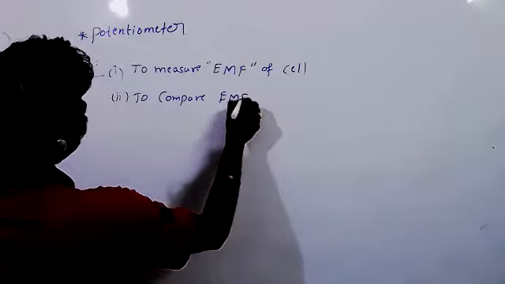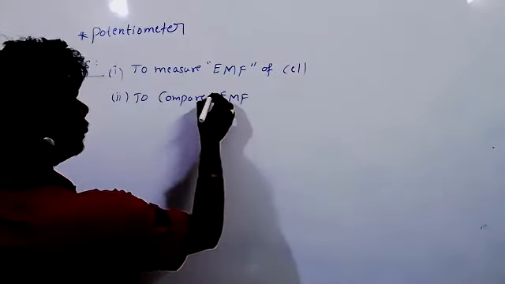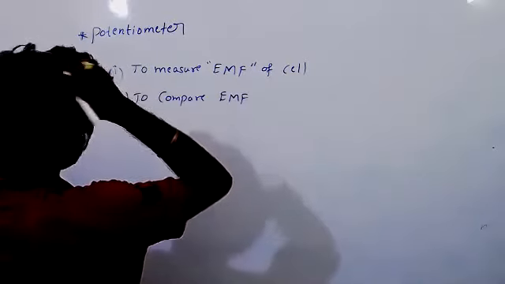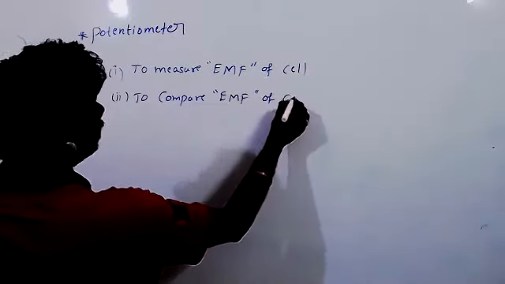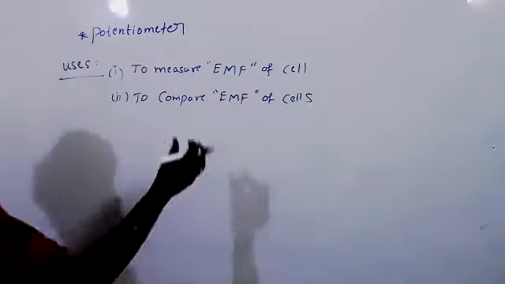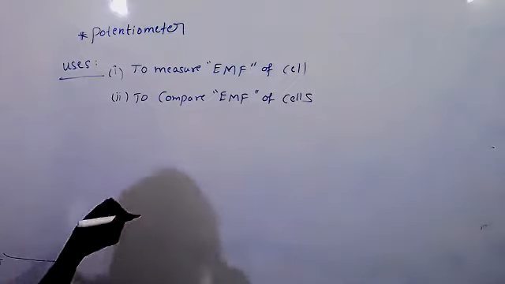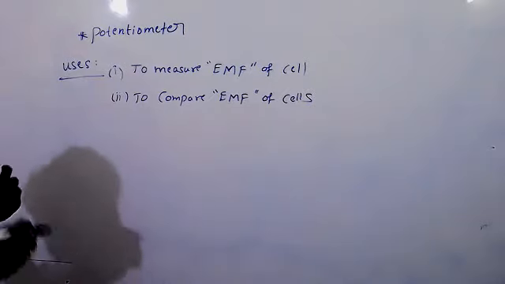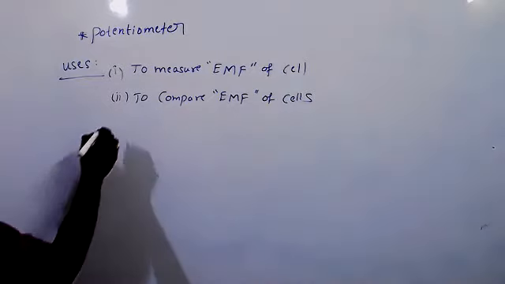If you take two cells, you can compare the first cell and second cell EMFs. If they have given any cell, you can measure that cell's EMF, or if they have given two cells, you can compare the EMFs of the two cells.